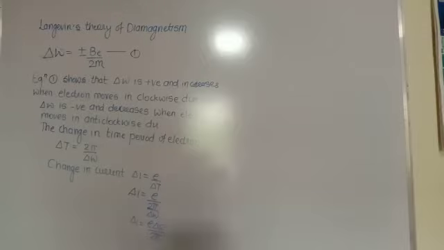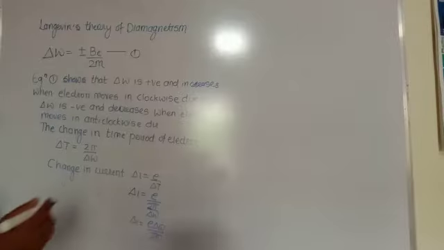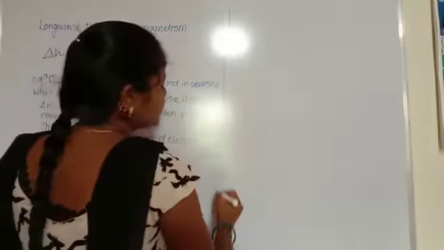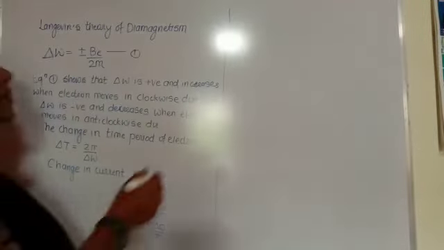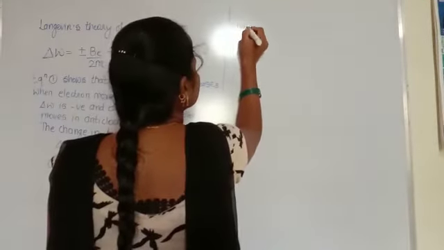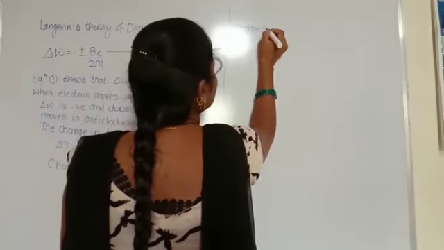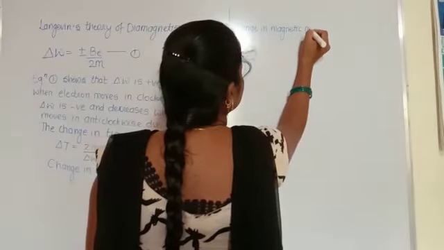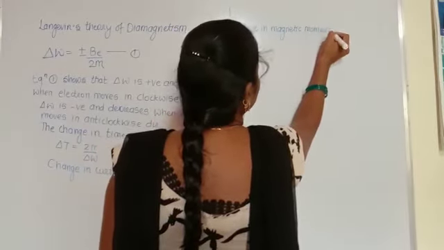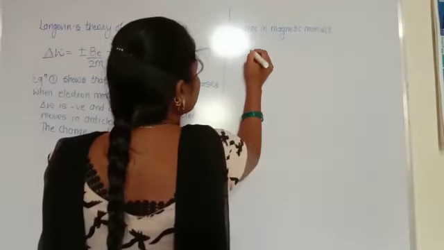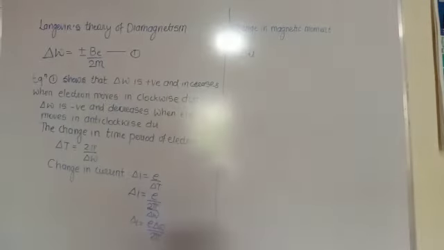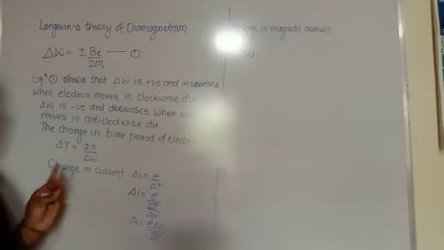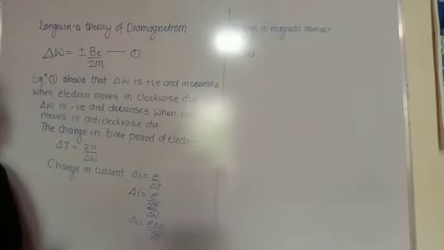This change in the current gives rise to a change in the magnetic moment of the electron in the direction opposite to the direction of magnetic induction. As we saw in the previous class, this change in magnetic moment is denoted by delta mu, also written as delta pm.